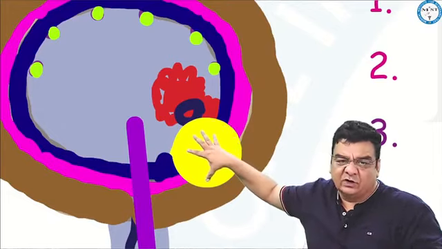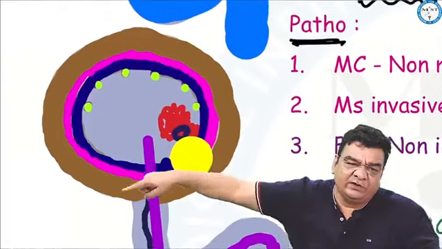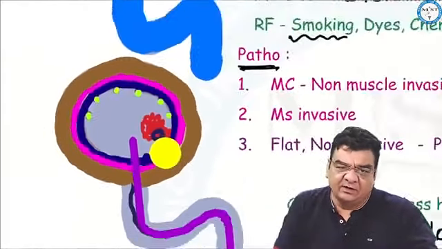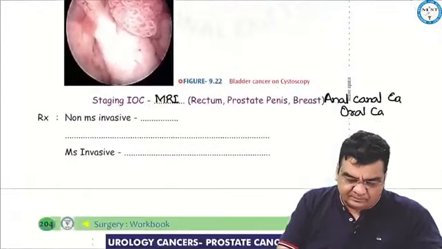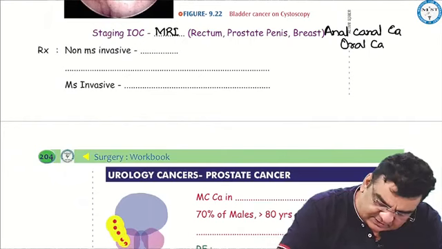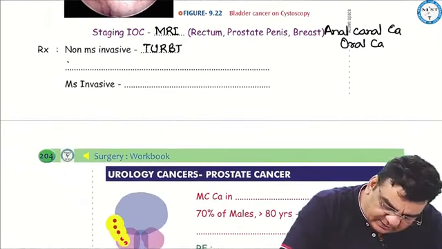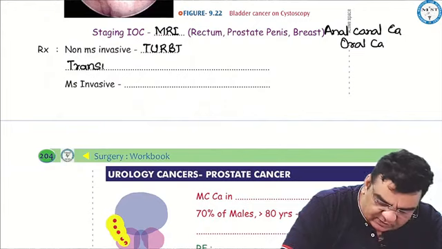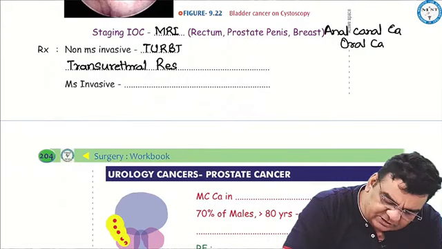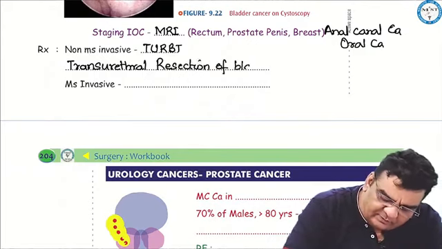However, if there is a solid tumor in the bladder which is going into the muscle, then we have to remove the entire urinary bladder, radical cystectomy. For non-muscle invasive bladder cancers, we are doing TURBT, that is transurethral resection of bladder tumor.